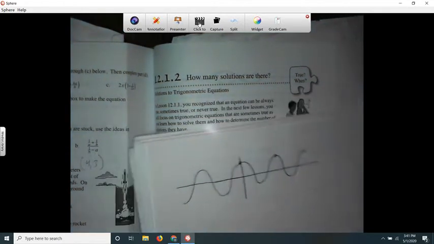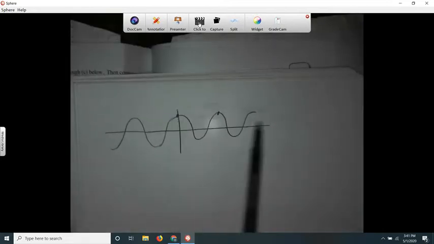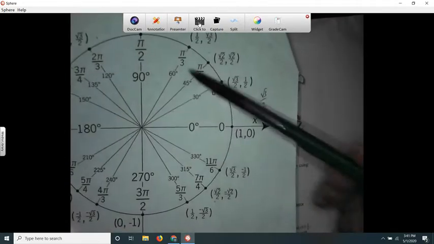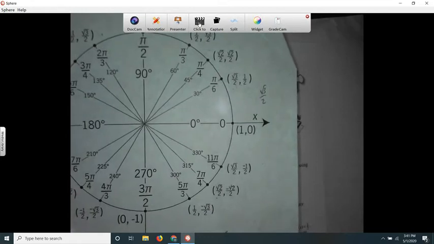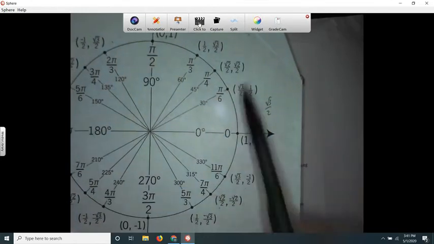So besides the two places on the unit circle where cosine x is a half, it would make sense that there are other places besides just 60 degrees and 300 degrees, because you can go around and around and around this unit circle.